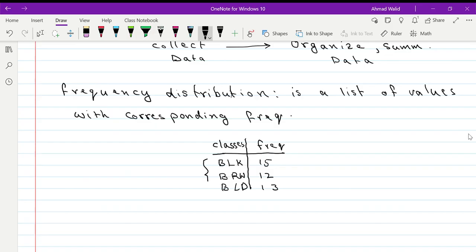This is the list of your values, correct? It's a list of values, and this is the corresponding frequency. We call it a frequency distribution table.